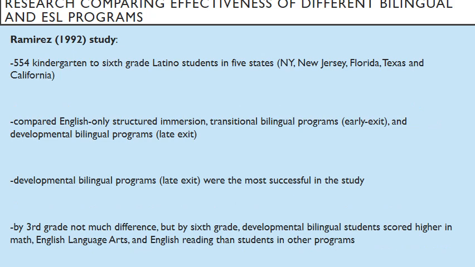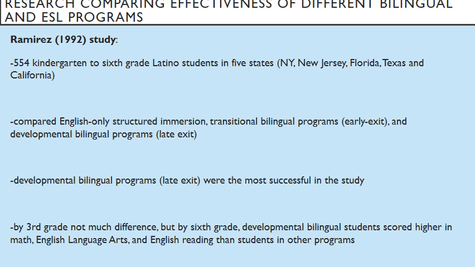Another study by Herrera in 1992 studied kindergarten students all the way up to 6th grade students in 5 different states. It compared English-only structured immersion, so that was like the sink or swim approach, the all English, very little supports approach.